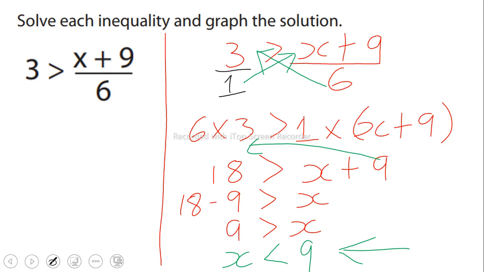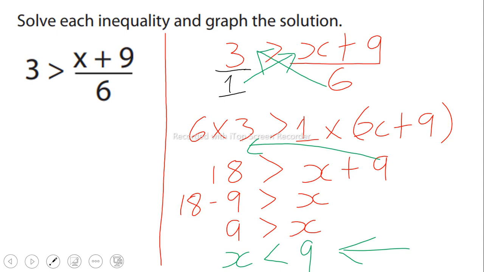Any questions on what we did here? Like why we cross multiply? I have a question. How do you know to switch it back, or do you just want to switch it?